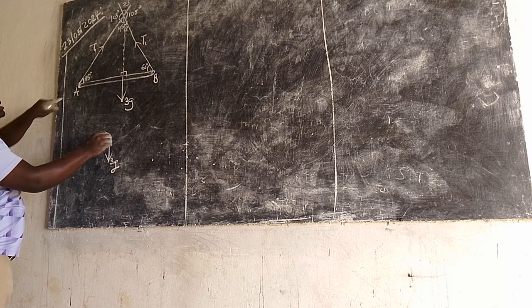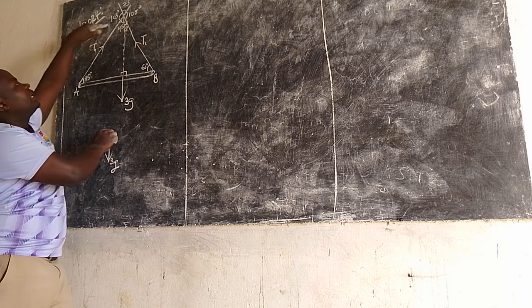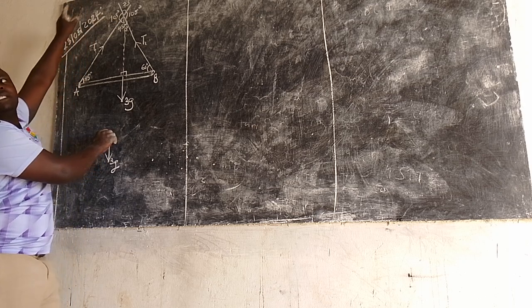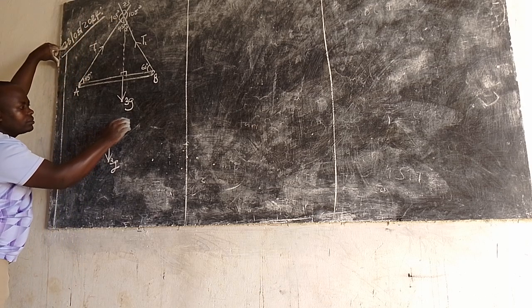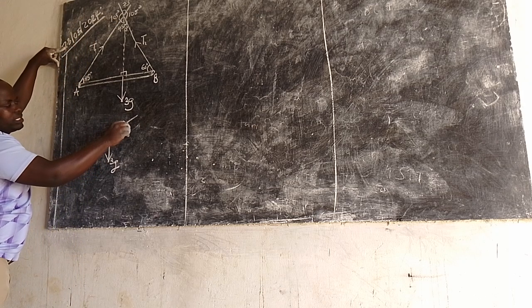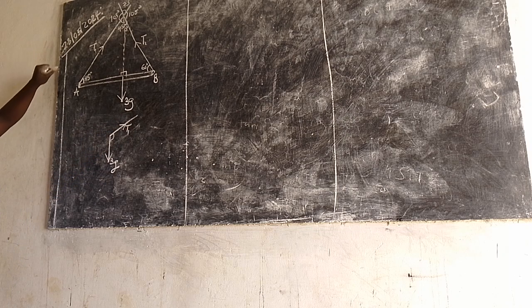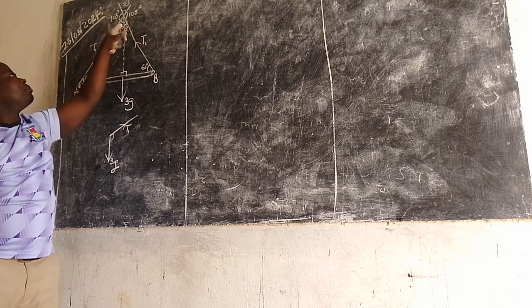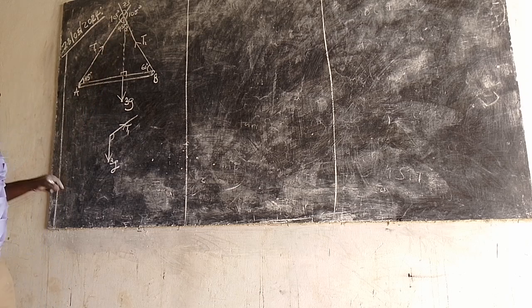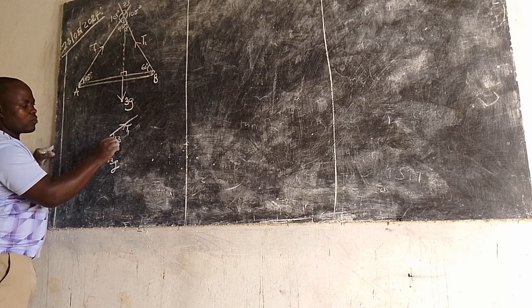Then this tension, T1, when I extrapolate this, it continues. So T1. What angle is this? You can see it's 105 plus 30. So can I say it is 135?